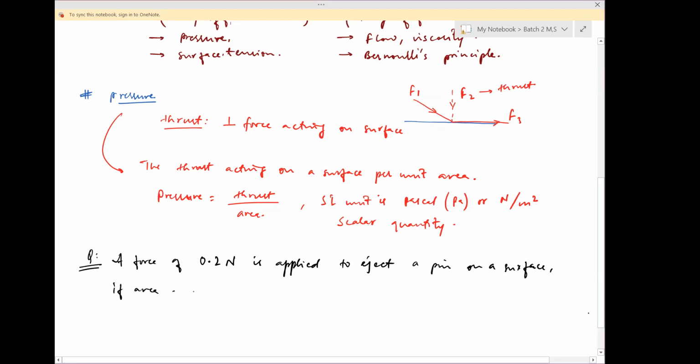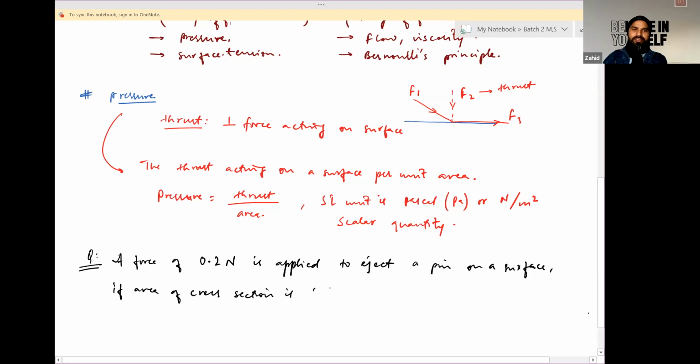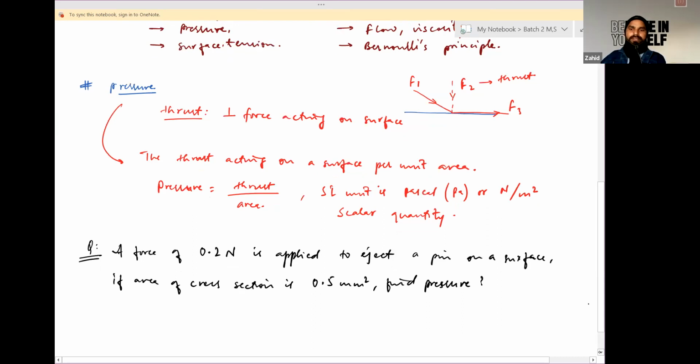If the area of cross section is 0.5 mm squared, find the pressure. Just use the above formula and try to simplify.